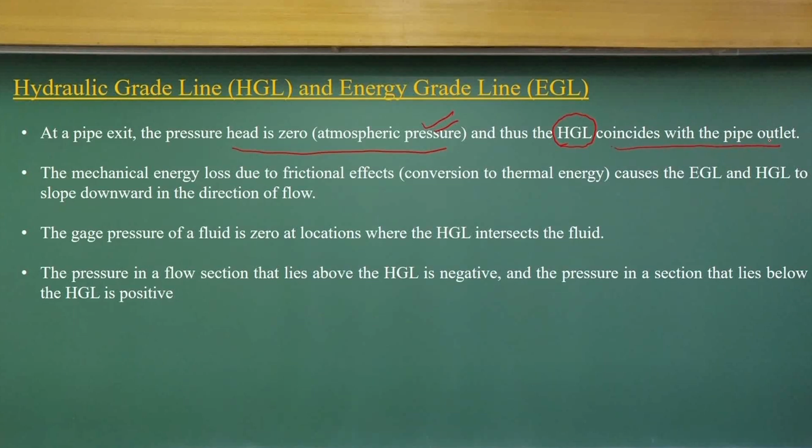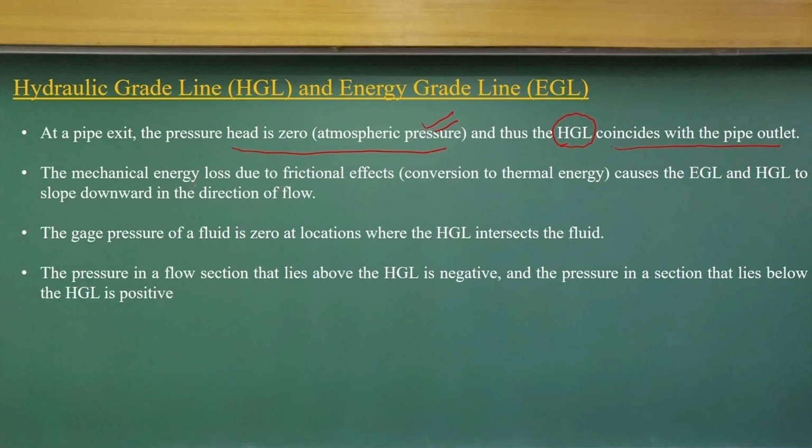When the pressure head becomes 0, as we said in the case of open channel flow, where the pressure is atmospheric, the surface becomes the hydraulic gradient line. In exactly the same way, when a pipe is exiting the flow to the atmosphere, your hydraulic gradient line should coincide with the pipe outlet.